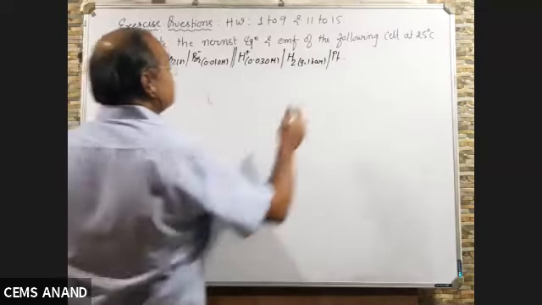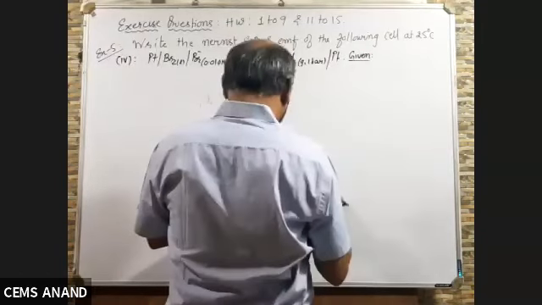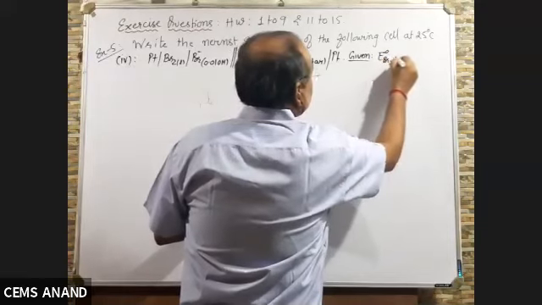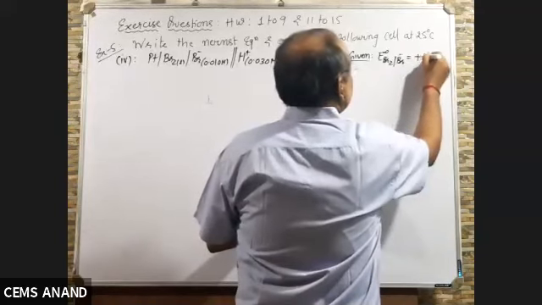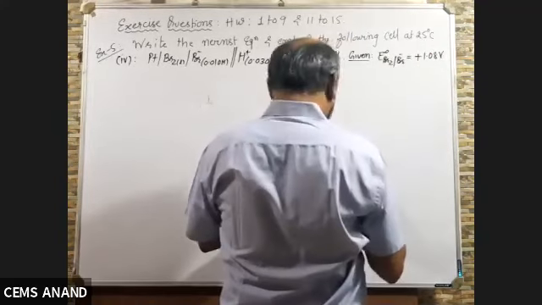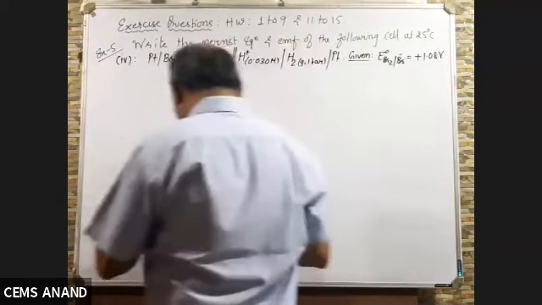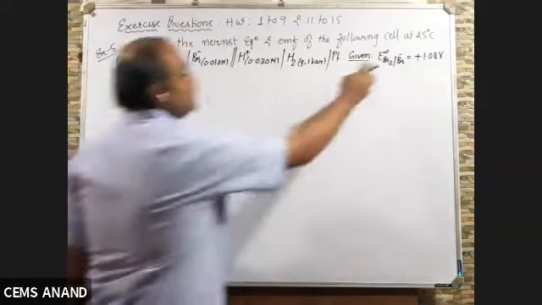The values are given. E0 of Br2 / Br minus is plus 1.08. And another is hydrogen, so we know the value of hydrogen, right? Let us see how the reaction takes place.